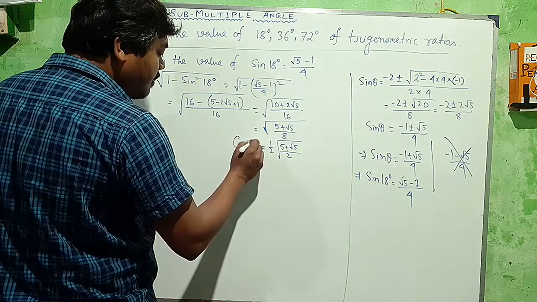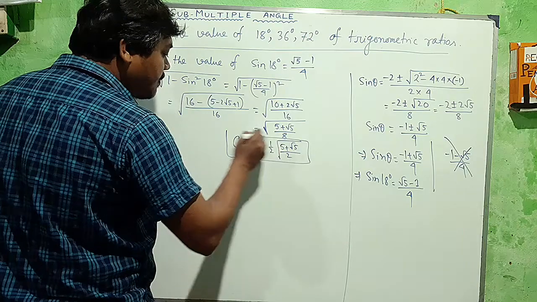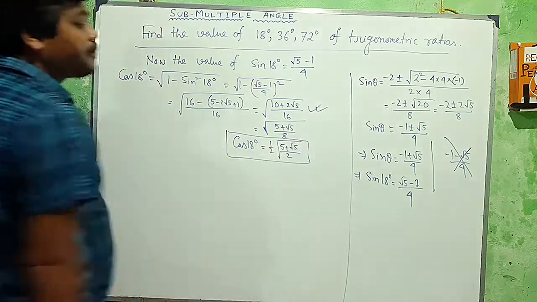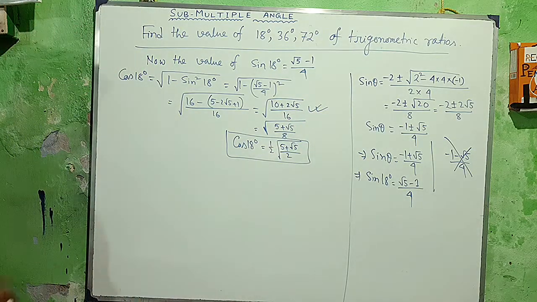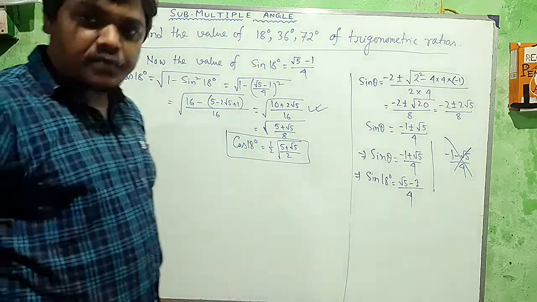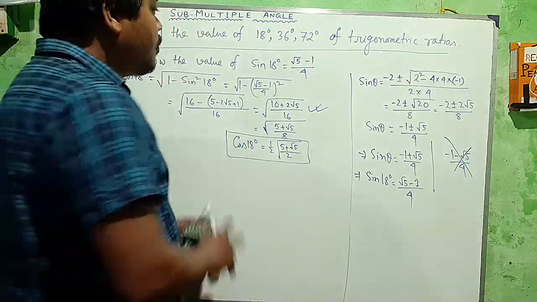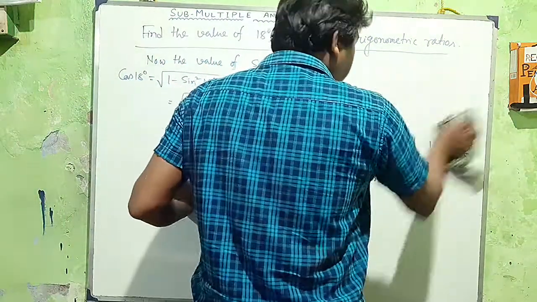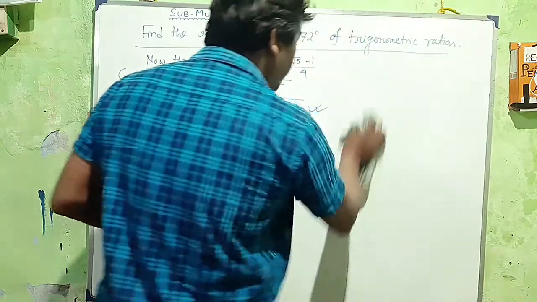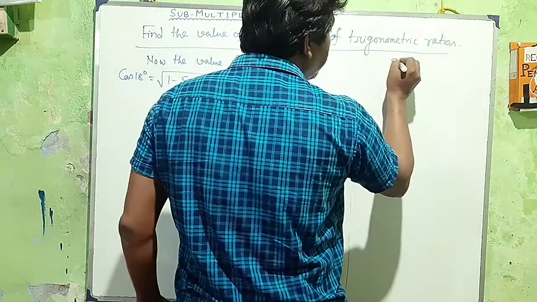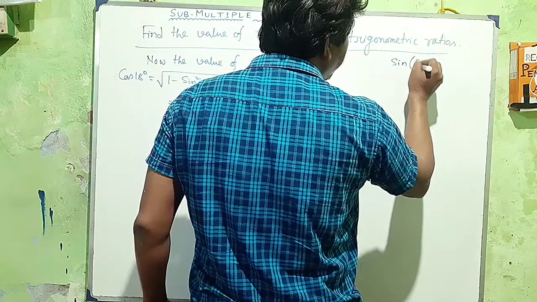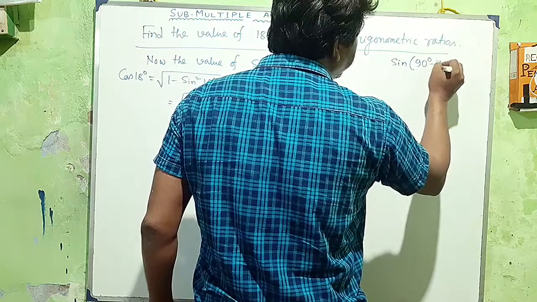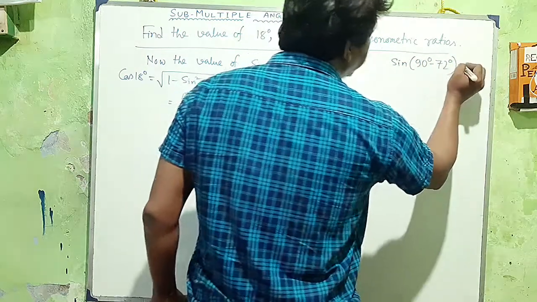Someone can express cosine 18 degrees this way also. Okay, so we have already calculated sine 18 degrees and cosine 18 degrees. You know that I have written here sine 18 degrees, you can write sine of (90 minus 72) degrees. Am I right? That is sine 18 degrees.